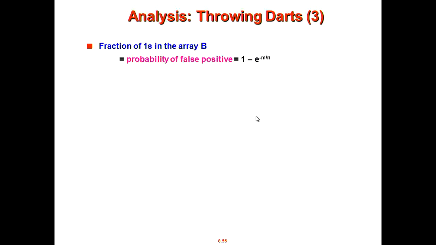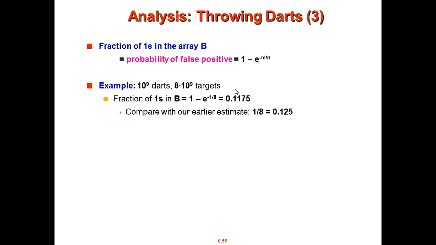Now go back to our problem. What is the probability that one bit gets value 1? The fraction of ones in the array B is the probability of false positive. It's exactly this probability, 1 minus e to the power of minus m divided by n.